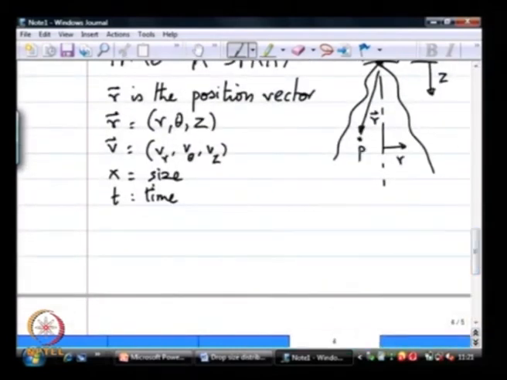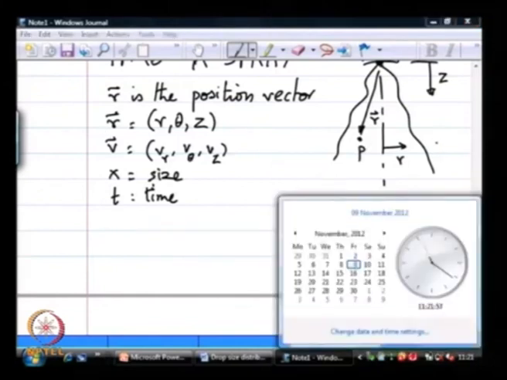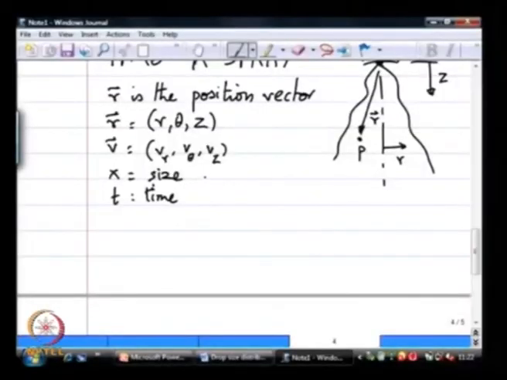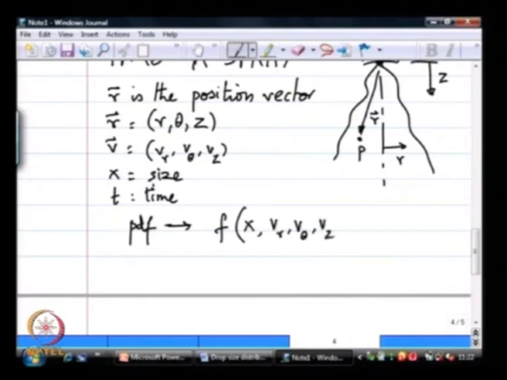At every point P, the point P itself is described by r, theta and z, its spatial coordinates. At that point, I have a probability density function in x, v r, v theta and v z. So, the PDF is essentially a function in x, v r, v theta, v z.